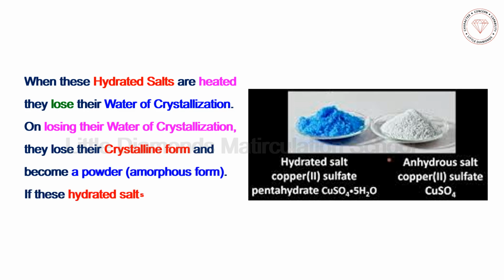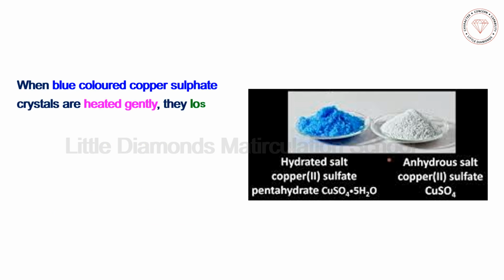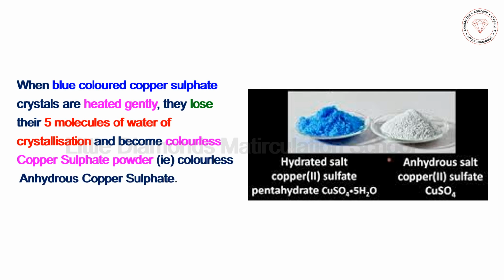If these hydrated salts are colored salts, they lose their color also. When blue colored copper sulfate crystals are heated gently, they lose their 5 molecules of water of crystallization and become colorless copper sulfate powder, that is, colorless anhydrous copper sulfate.